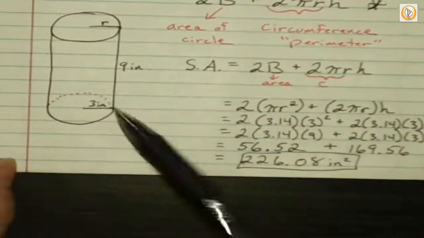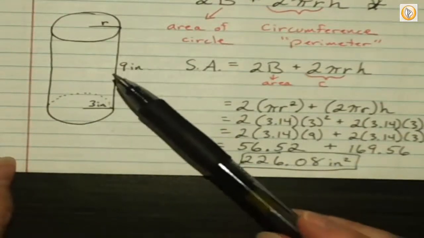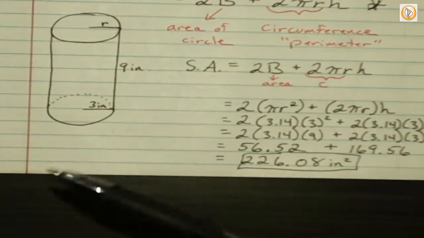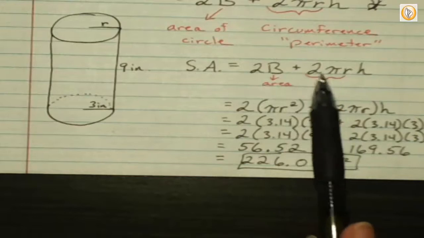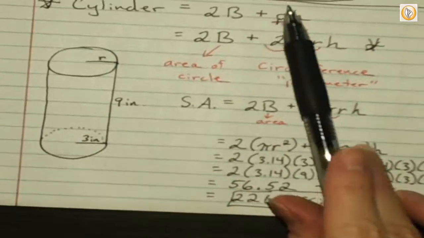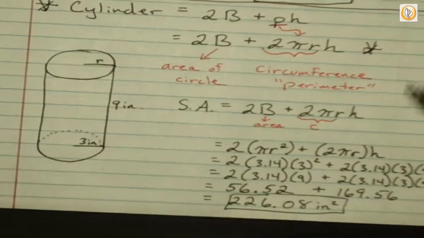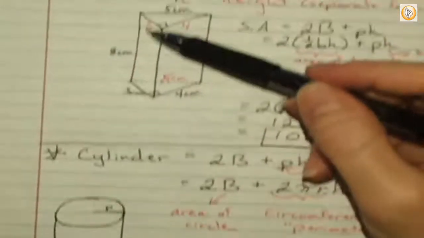So here, this is our base. And even if this thing was laying on its side, like this, we still look at this being the base. So you're going to find the area for the big B, and for a perimeter, it's the circumference, that part that's all around. Not this thing, but this thing. And then, of course, the height, that H, is the height of the entire figure.